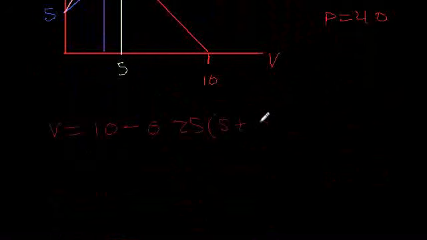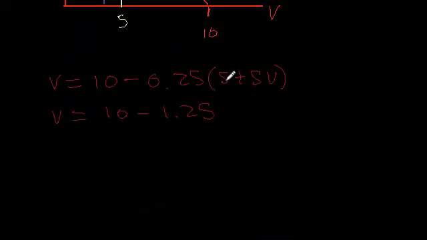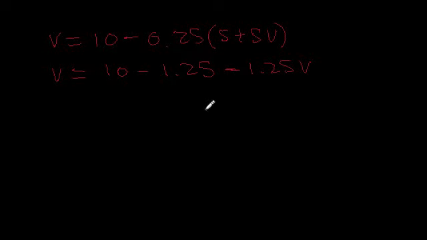Let's see what that works out to. V is equal to 10 minus 0.25 times 5, and then minus 0.25 times 5V, so 1.25V.